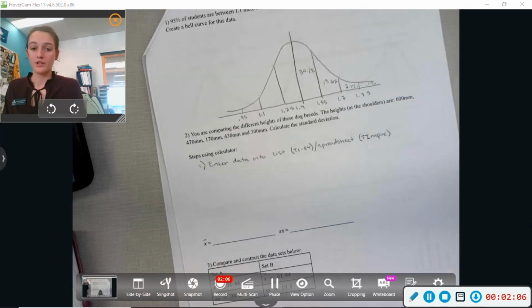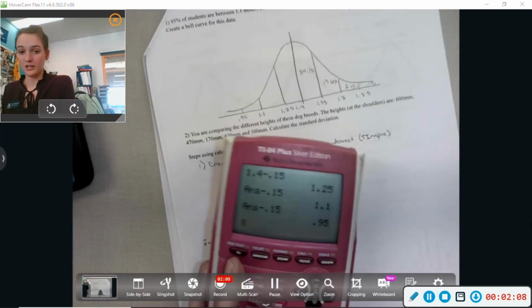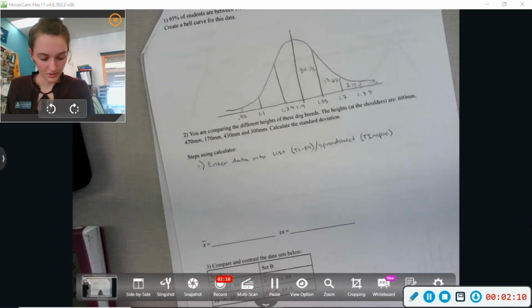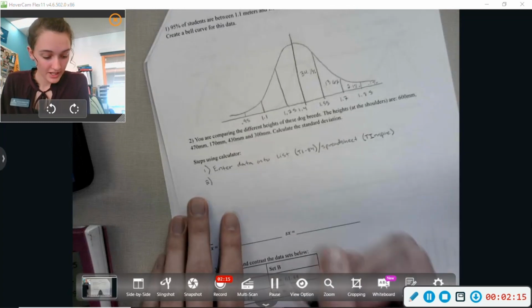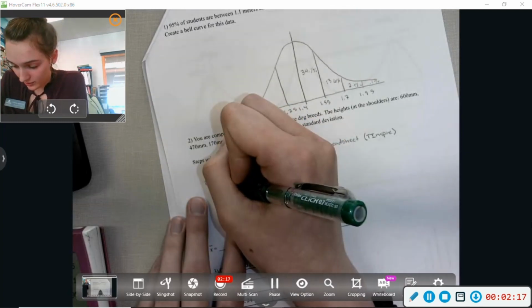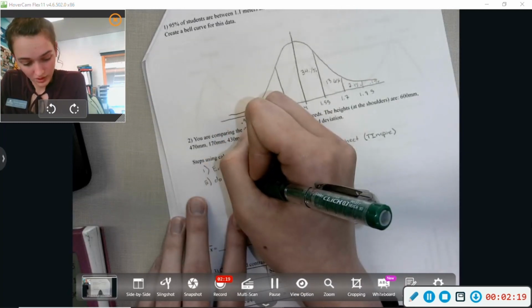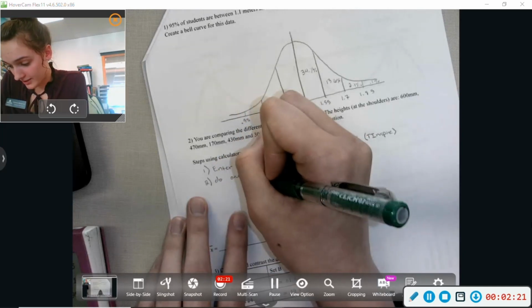Here I have a TI-84, so that's what I'm going to be using. Then our second step after we enter the data is going to be to do one variable statistics.